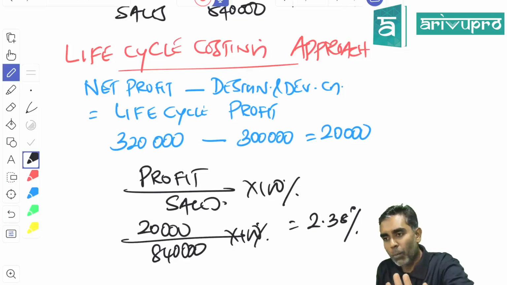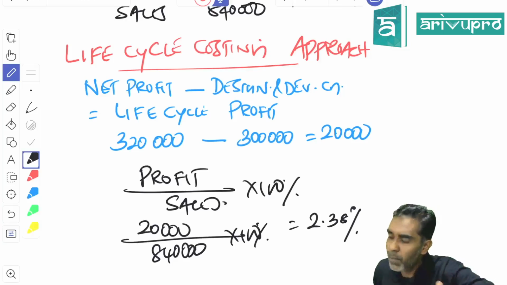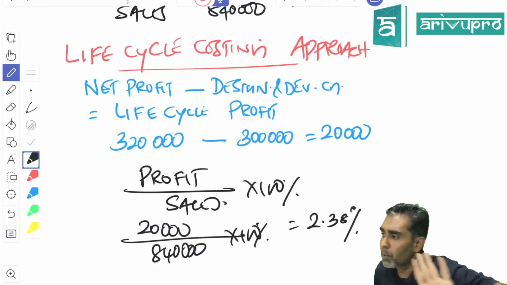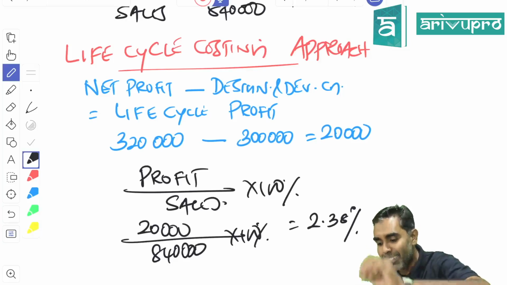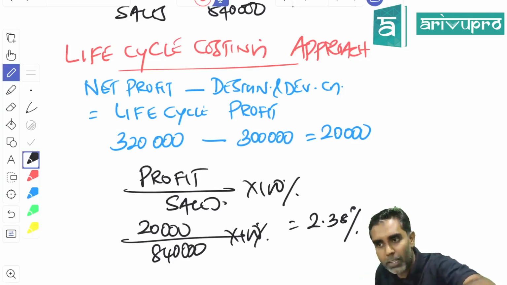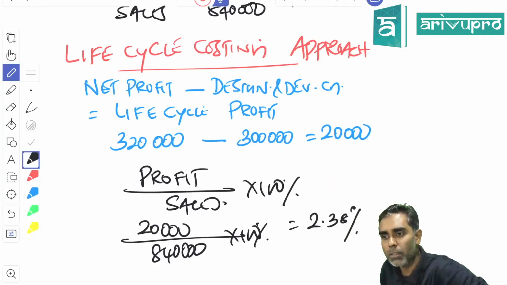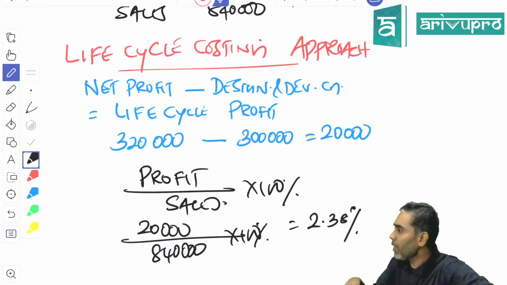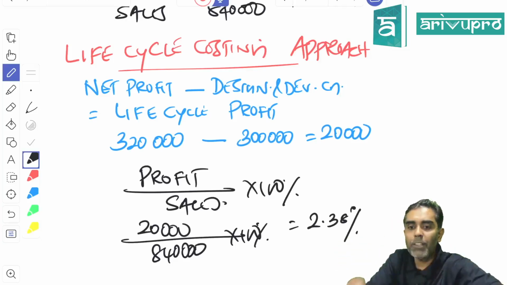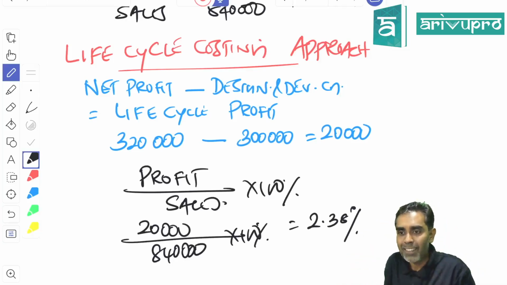I want to tell you one more thing also. First question will not teach you how to do the second question. Second question, what we did, will not teach you how to do the exam questions. In your real exam, based on the information provided, you will have to develop the way of getting the answers.